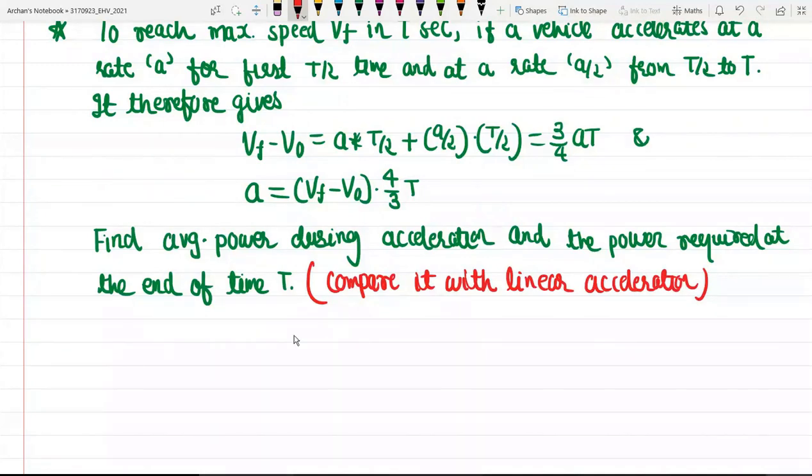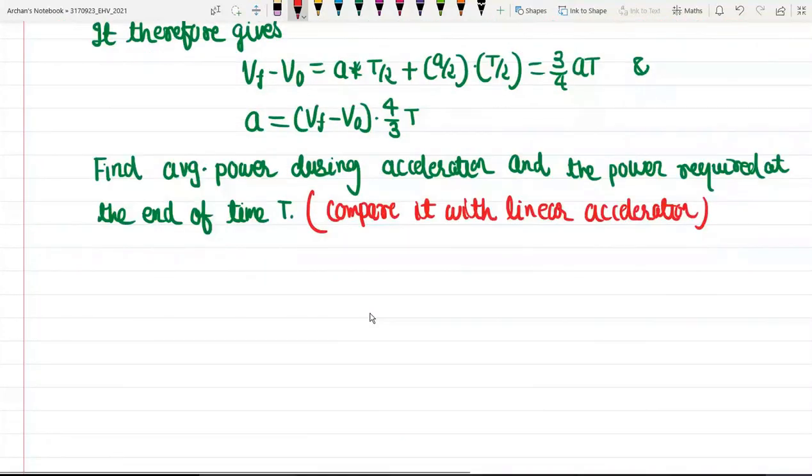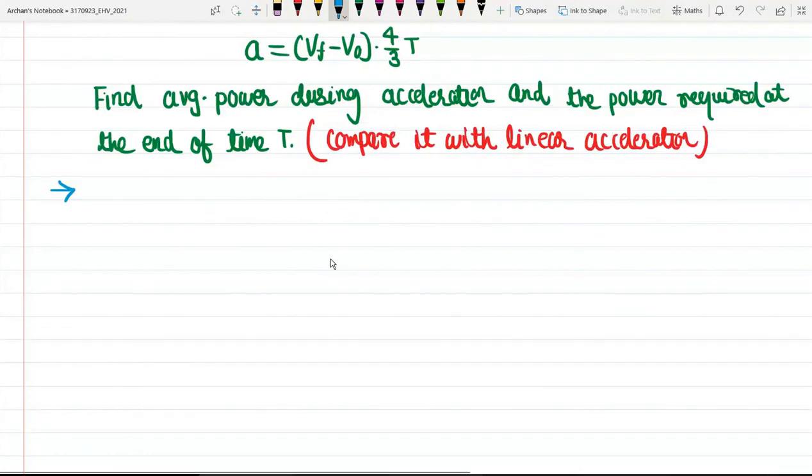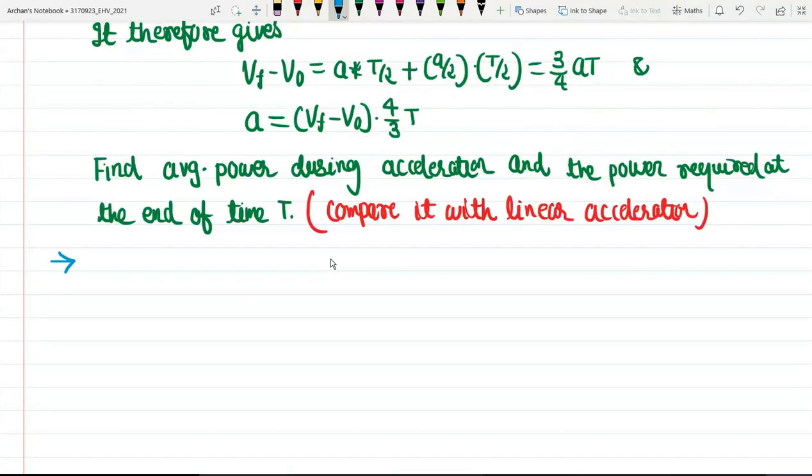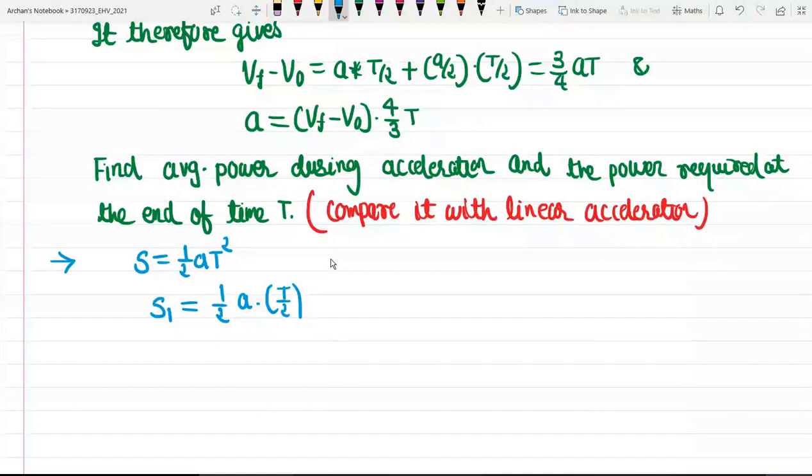Let us solve this and find the equations we already considered in the example. First, the distance covered is given by s equal to half at square. For the first part, 0 to t by 2, let us say we cover the distance s1, equal to half, acceleration is a, and time is t by 2 whole square. So we have a t square by 8.